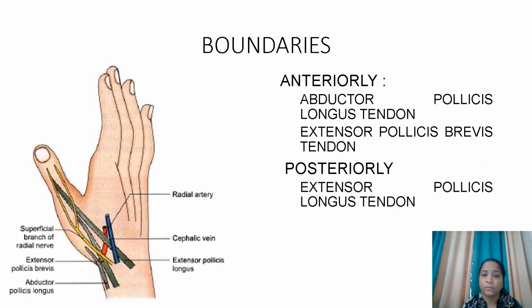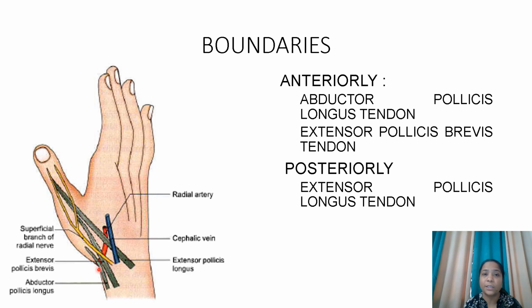So let's see what are the various tendons that form the boundary of the anatomical snuff box. If you see, this is the anterior side and this is the posterior side. The anatomical snuff box area is triangular. You can see here the two tendons that form the anterior boundary.